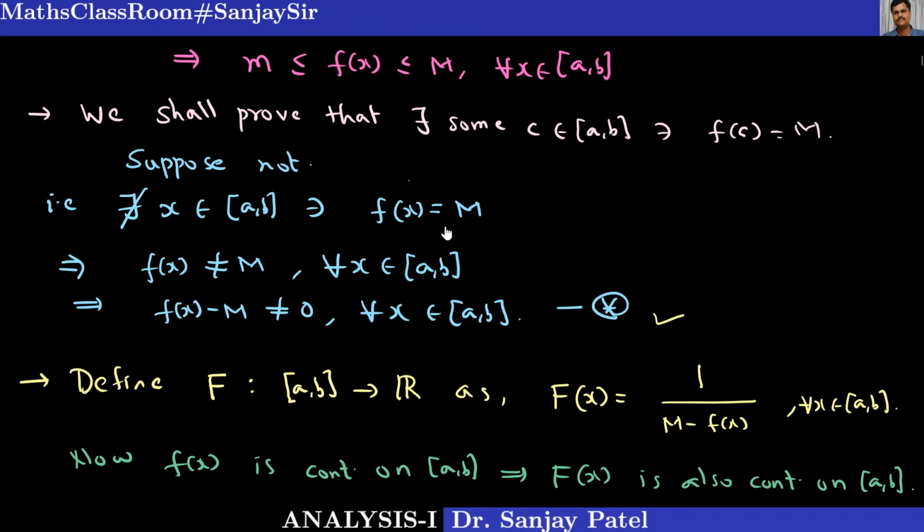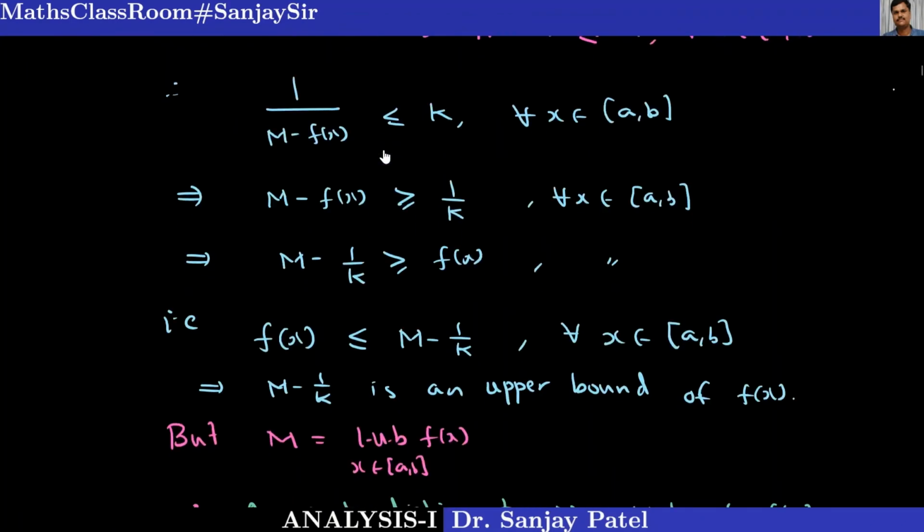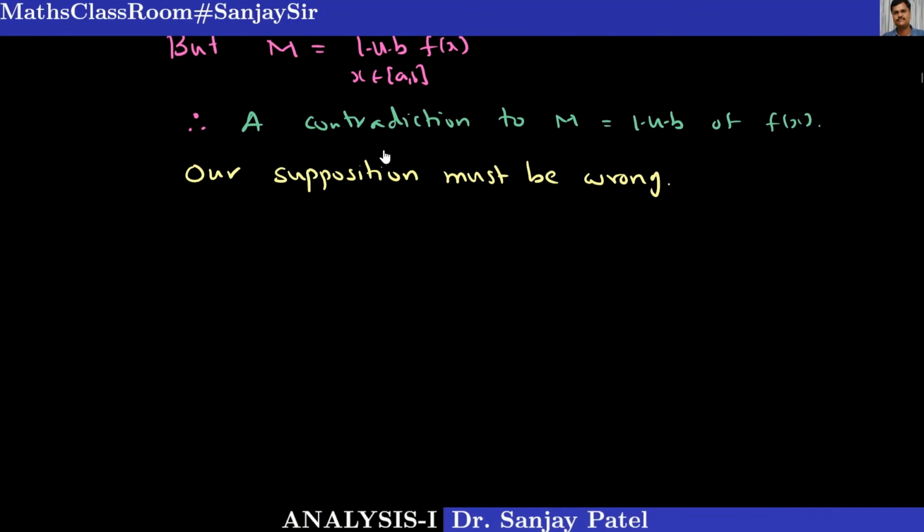That means there is at least one element in the closed interval [a, b] such that the value of the function at that point is capital M. That point I would like to call small c. So there is some number c in [a, b] such that f(c) is equal to capital M.